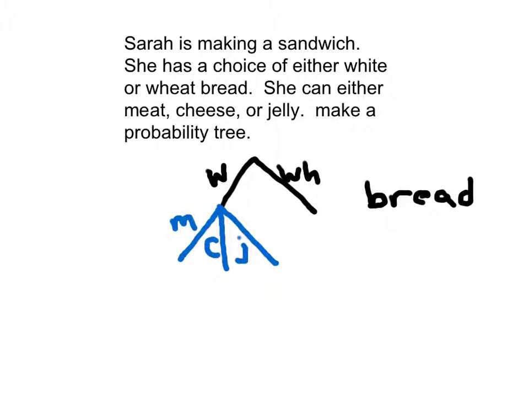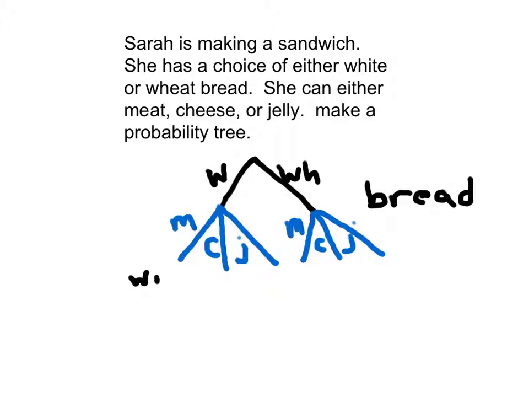Now, if she had chosen wheat bread instead of white bread, she still gets the choice of either meat, cheese, or jelly. And that's why this portion of the probability tree is still M, C, J. Now, if she follows this branch down, this would be white meat.